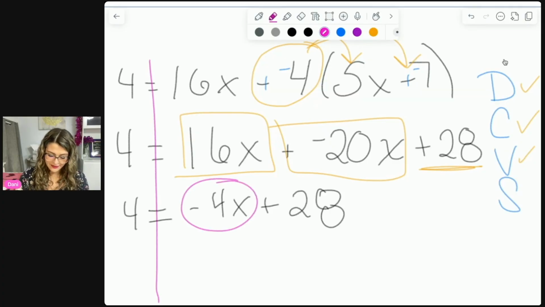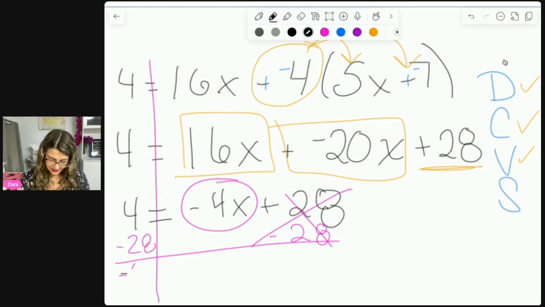So I'm going to circle my variable. I'm going to move everything away from it. How do I move +28? We subtract 28. All right, 4 minus 28 is negative... Oops, let me use my black color. It's a mess. Okay. -24. Bring down my -4x.